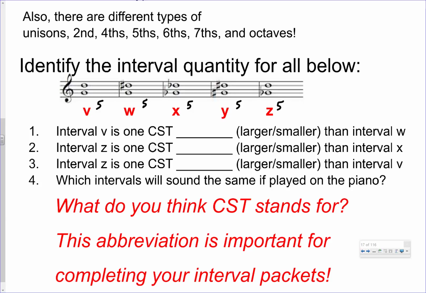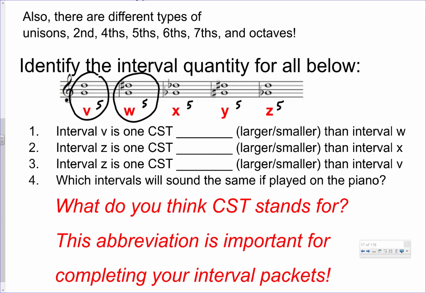We have a line to a line and we count up 1, 2, 3, 4, 5, or down 1, 2, 3, 4, 5. Now that we've determined the quantity, we can look and see that the qualities are perhaps different. So, question 1, interval V, let me circle that, is 1 CST or chromatic semitone blank, then interval W. Let me circle that.